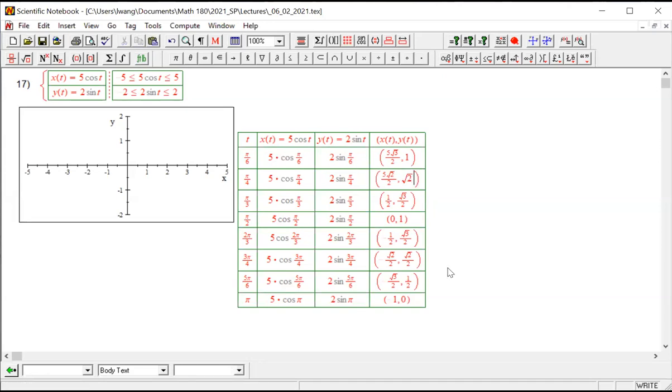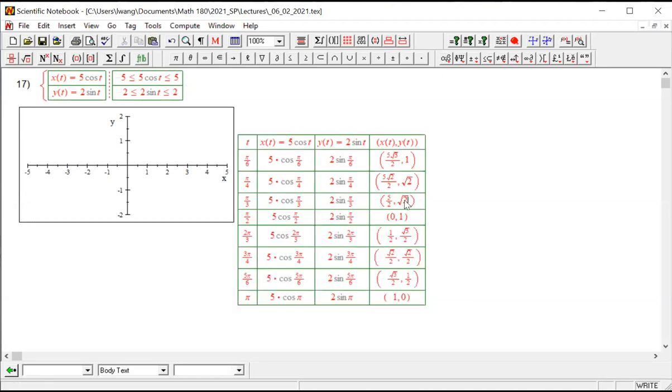You pick some special angles, and then here, this is going to be 5, and this is going to be 2, so this is going to be just root 3. And this is 5. 5 times 0 is still 5. This is going to be 2.